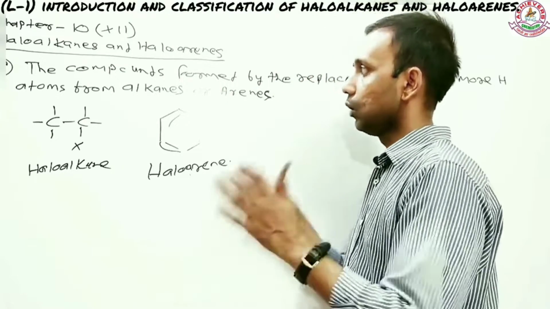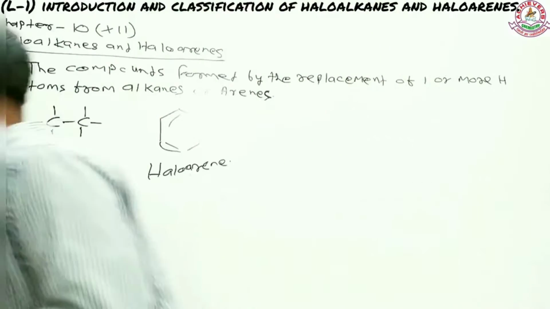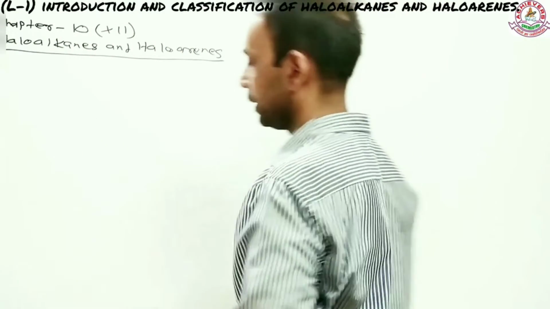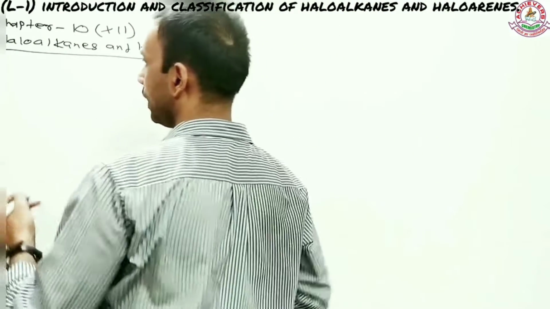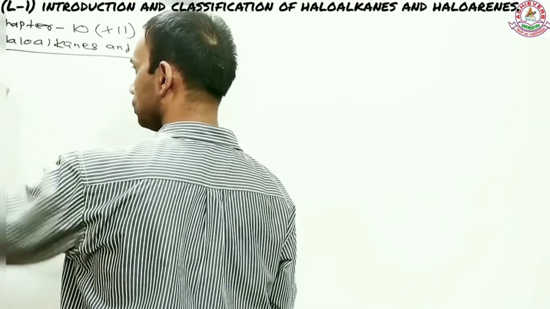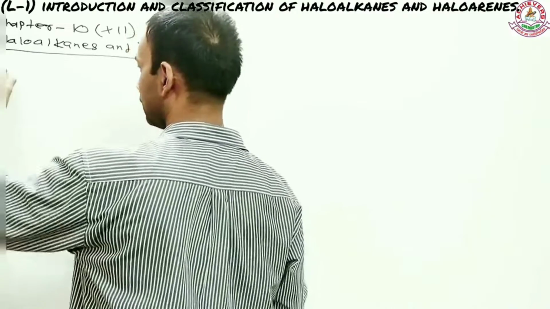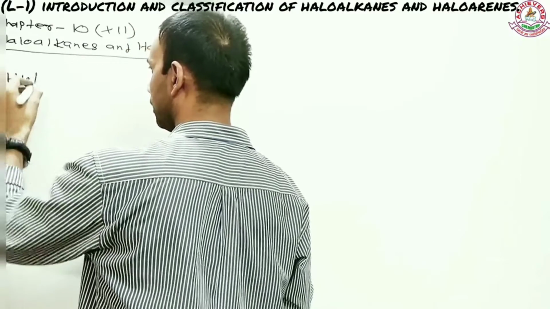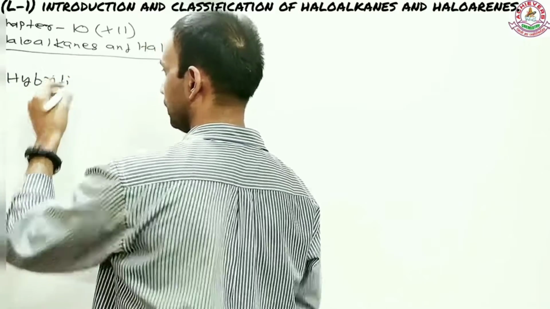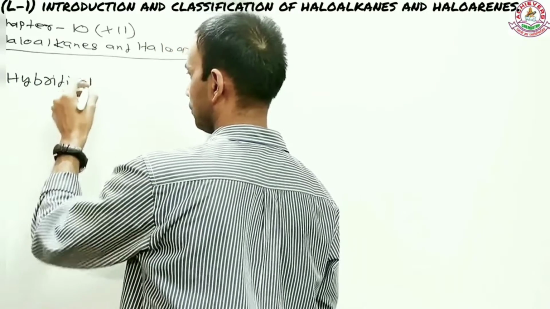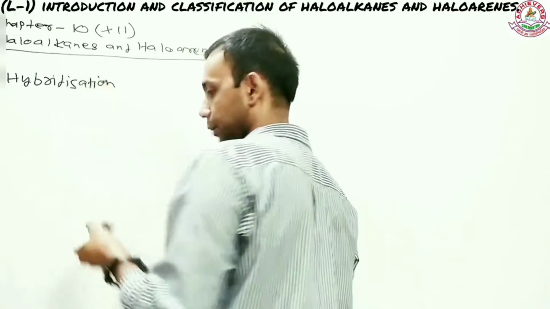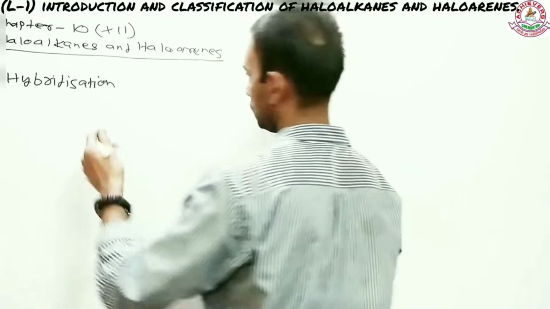But let's talk about the classification of the haloalkanes and haloarenes. Before I come to that, I want you to understand one thing, and that is hybridization. You need to understand that hybridization is going to be something very important. Please ignore if I'm making a bit of spelling mistakes, because I don't care much about it.